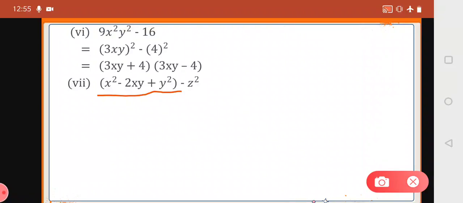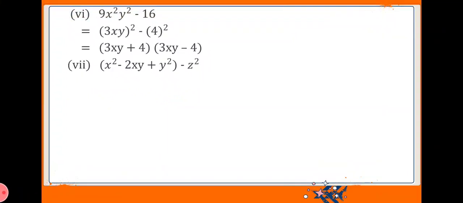So first we will solve the first three terms, which are the perfect square of (x minus y) whole square, because x square is the perfect square of x, y square is the perfect square of y, and the middle term is 2xy. So we write (x minus y) whole square minus z square as it is.